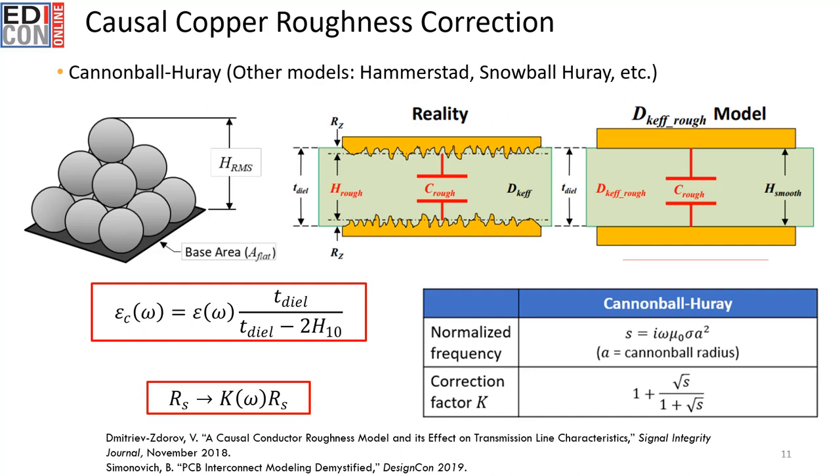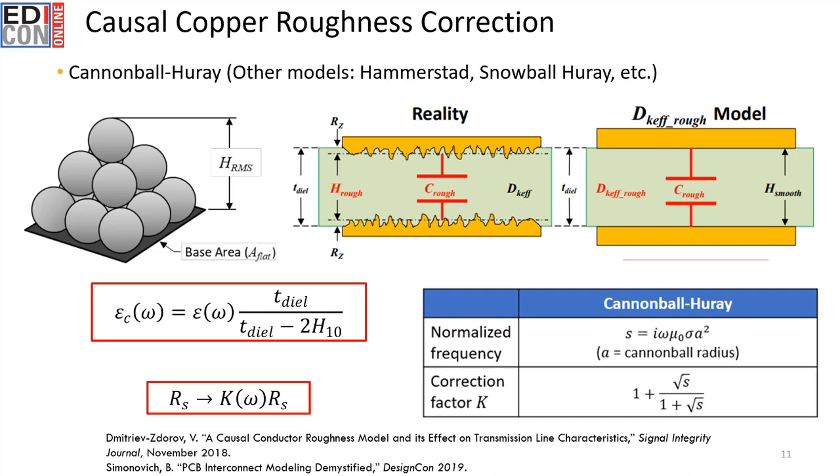Essentially what this does is it also increases the dielectric constant by a proportional amount. And this is done by just comparing the case of the dielectric thickness in a real system versus the dielectric thickness in the ideal system. And so that's done here in this top comparison.